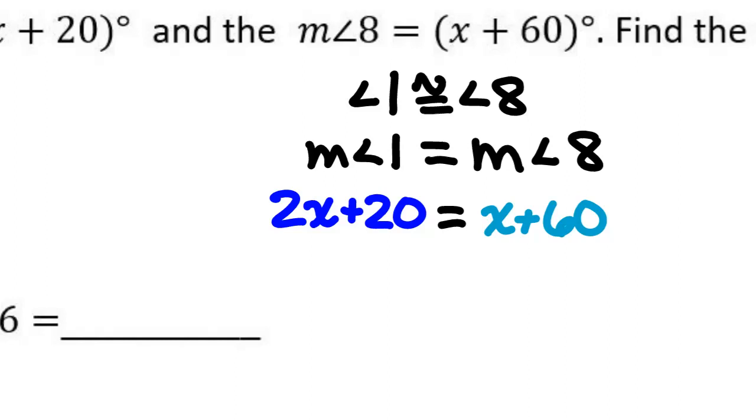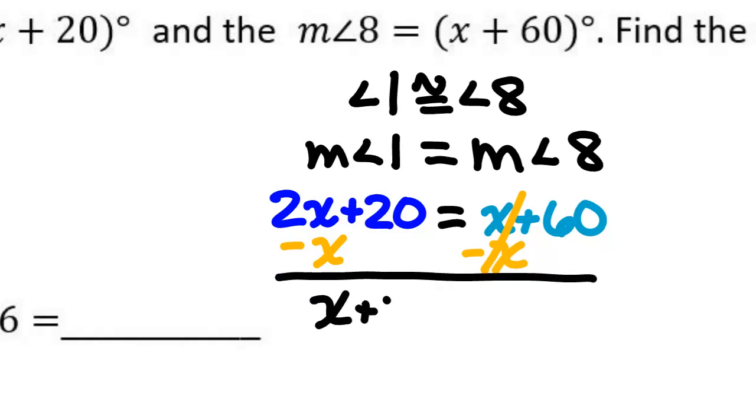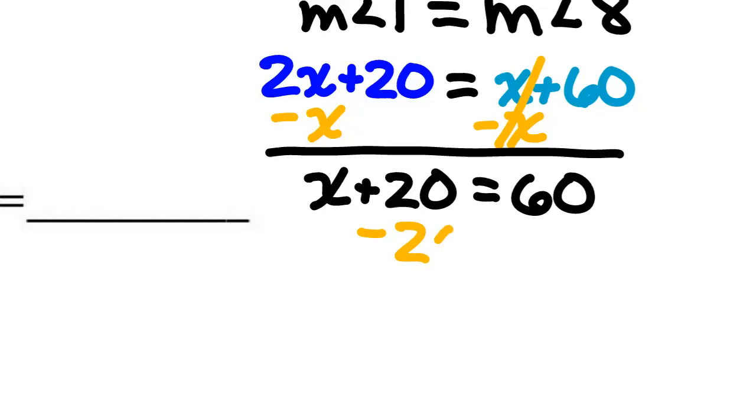I'm going to subtract x from both sides so that I get my x's on the same side together. That gives me x plus 20 equals 60. And then I'm going to subtract 20 from both sides. And I get that x is 40.